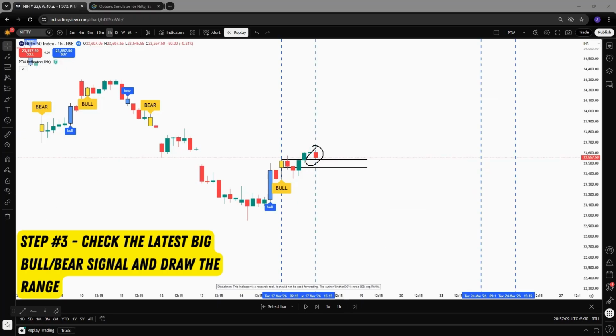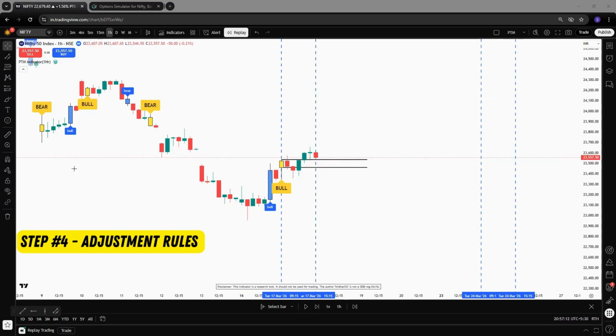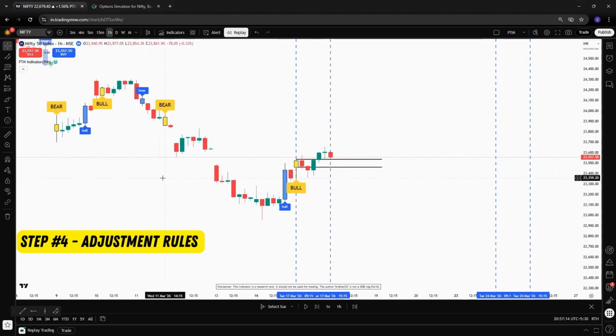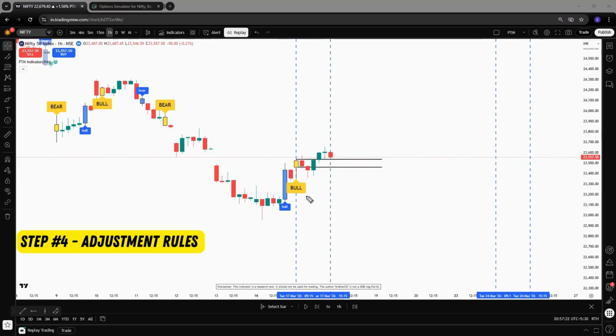Now comes step number 4. It's called adjustment. Okay, adjustment rules. We are planning to play safe. This is my safe VRP harvesting method. So the first rule inside the adjustment rules, note this: I have executed my trade here, execution done in the last 15 minutes.